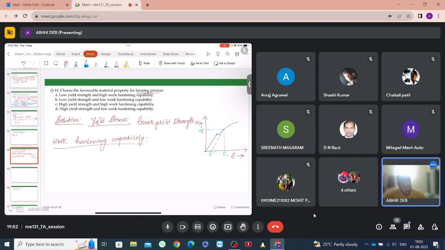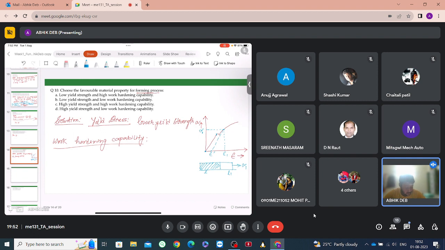Okay, so supposedly when due to stretching, this one of dimension L was stretched to L1.